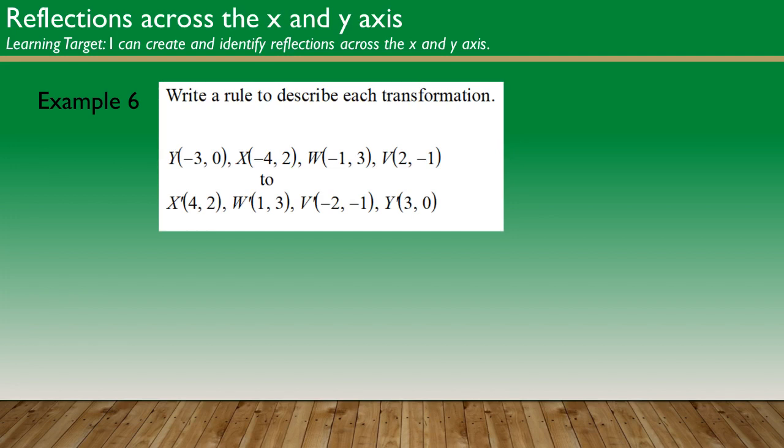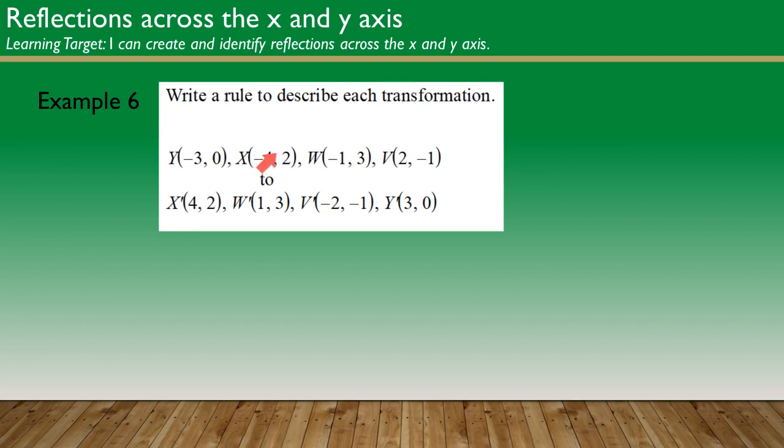Sometimes we're given something like this and we want to describe the transformation. The letters are kind of mixed up on us here, but we can describe the transformation. What we notice here, going from Y to Y prime, is that our x is going from -3 to +3. Let's make sure that's consistent.